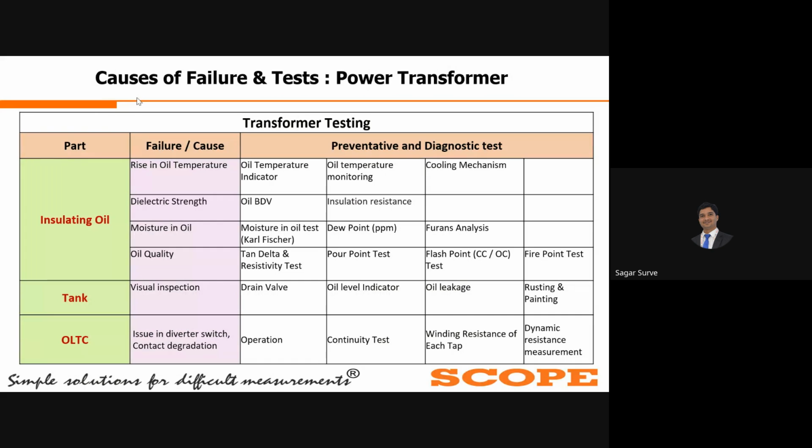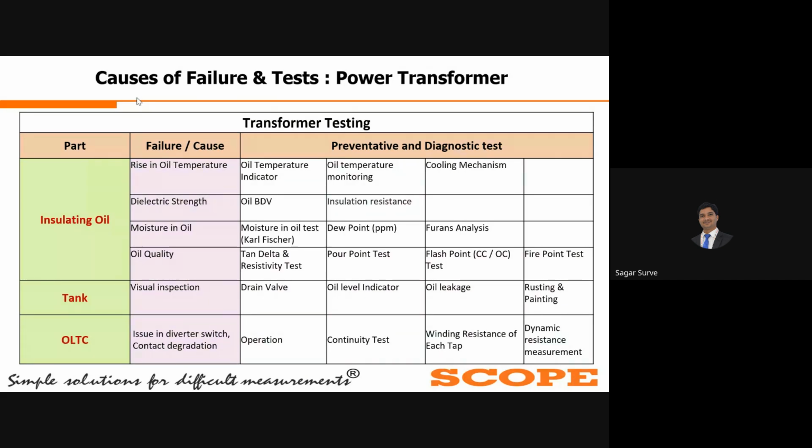The tank can be visually inspected, meaning we can check the drain valves, we can check the oil level indicator, we can thoroughly observe our transformer tank, to see if there is any leakage or rusting.